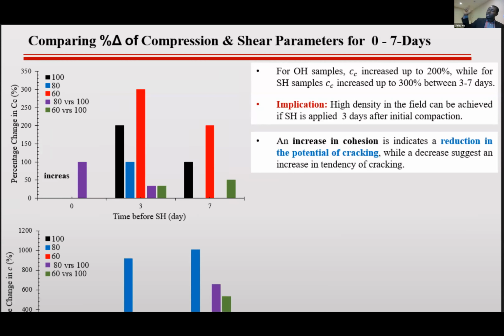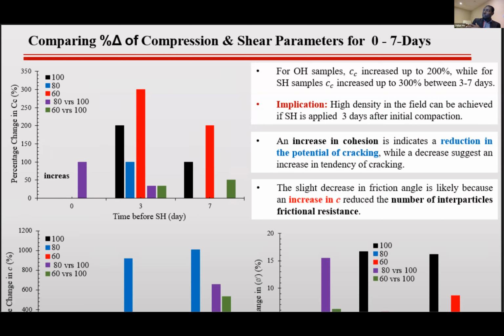Number 2, cohesion was observed to increase by almost 1,000%. That means that the tendency for cracks to happen has reduced significantly, because cohesion means there's a strong bonding, and then the potential for cracking will minimize. What may appear to be a bit detrimental is the decrease in the friction angle, which I'm postulating is because of a decrease in the number of interparticles in contact.